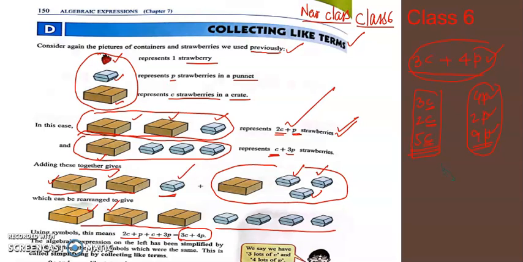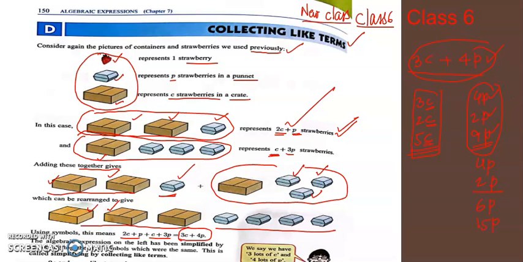Now in algebra we cannot add C and P. We can just add 4P, 2P, that will give us 6P, and 4P, 2P, 9P, that will give us 15P.